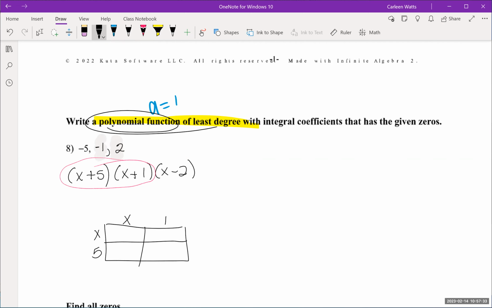Okay, multiply those together, please. Or make a diamond in your head. So this is x squared plus 6x plus 5.